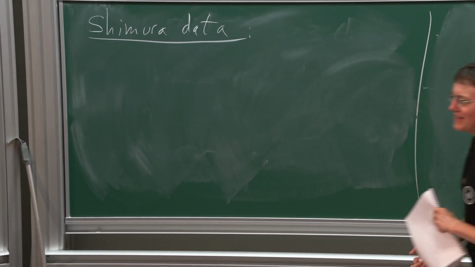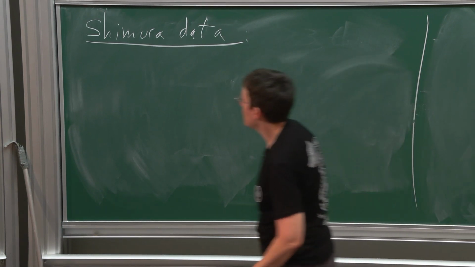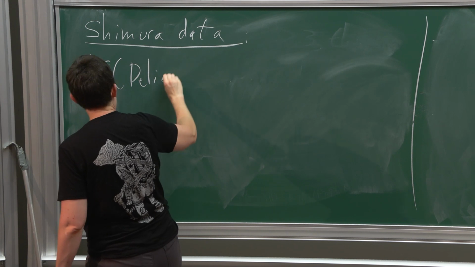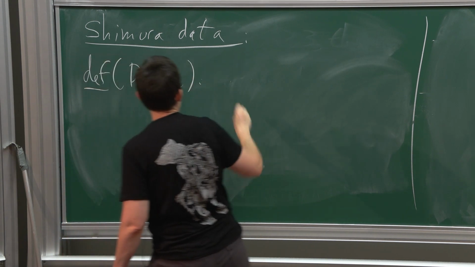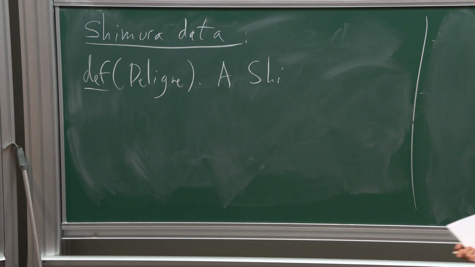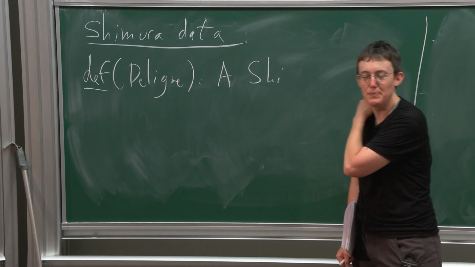So with all that kind of motivation, let's define Shimura data. This definition is due to Deligne, although Deligne would tell you it's due to Shimura. Deligne has a Bourbaki paper called Travaux de Shimura, where he lays the foundations of Shimura varieties, and it's based on Shimura's work.